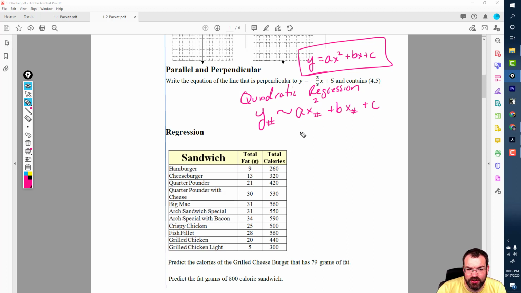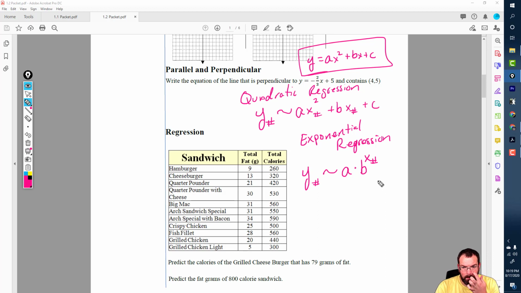Okay, so this is your quadratic regression. I'll have others here as well. The exponential regression. I don't know if we'll have one, but we might. This one is y sub that number, twiddle, a times b to the x sub number.